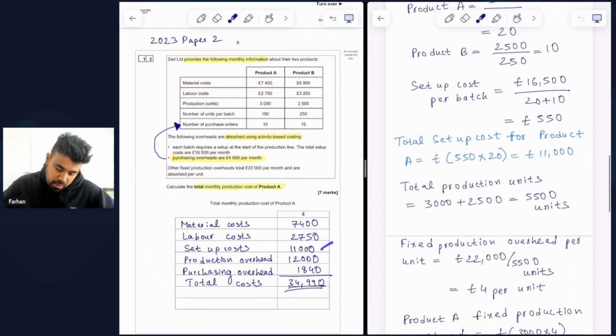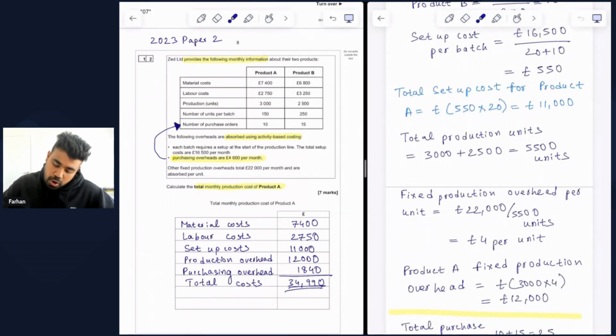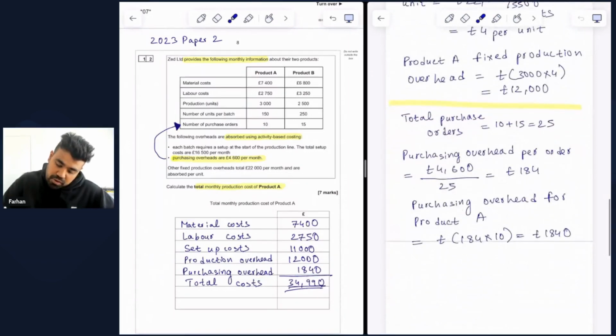We also did something similar for the fixed production overhead, which was £12,000. As you can see, we have included it here. You can choose to write fixed here as well. And then we have the purchasing overhead, which is £1,840 based on 10 orders that we have derived here. So 1,840, that's included here.